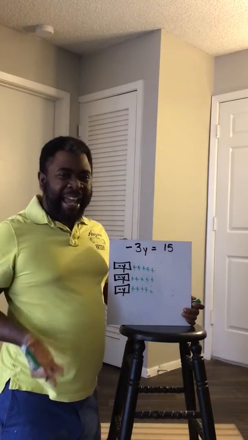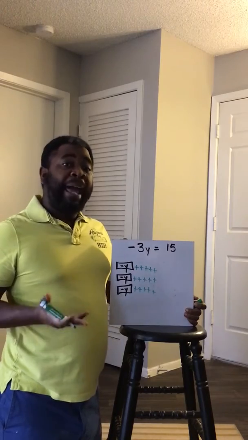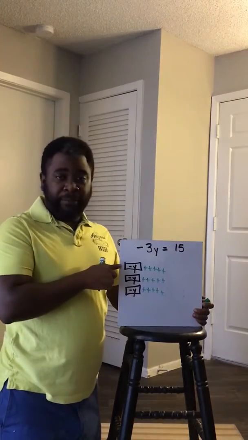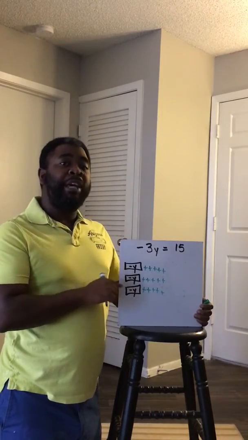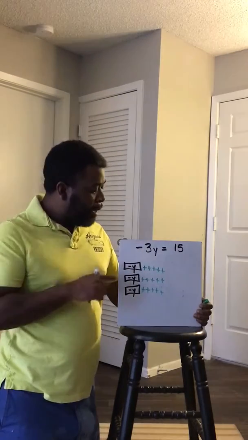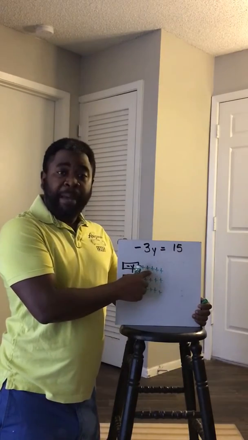But how do you have a negative variable? That doesn't make any sense. So what happens if I want a positive variable, I need the opposite of a negative y, which is just positive y, right? But my negative y's are equal to 5 positives.